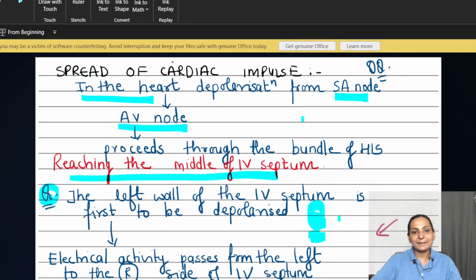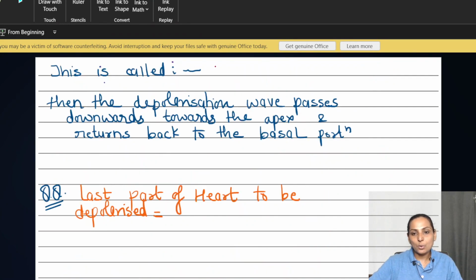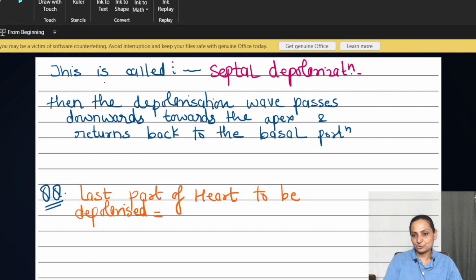So suppose this is the interventricular septum, the electrical activity first depolarizes the left side, and it will cross from the left to the right. This is called your septal depolarization, right? It is called the septal depolarization.